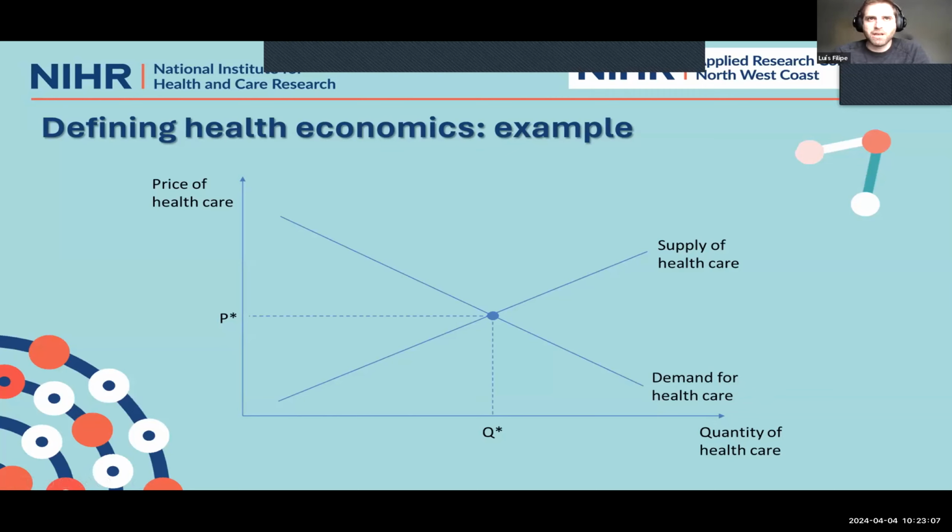If the price is higher, you would require less healthcare. If the price is lower, you would probably be willing to buy more healthcare. Think that you need to do, for instance, a surgery, and you go to the hospital, but you have several options.